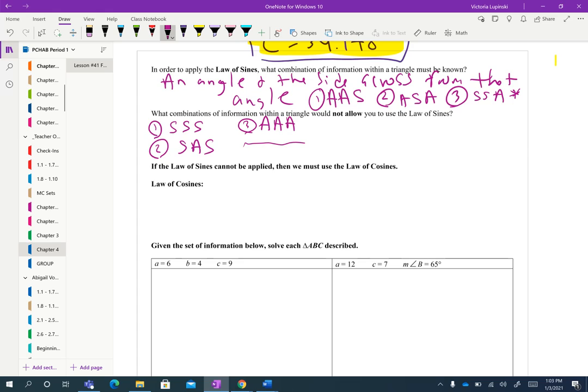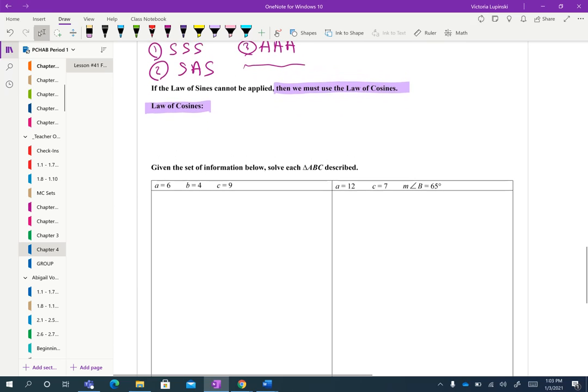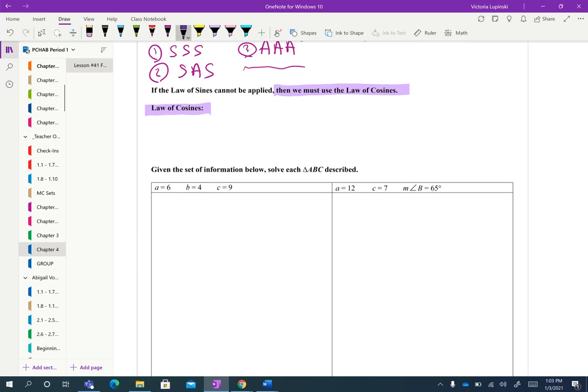But basically, if the law of sines does not work, you're going to have to use something called the law of cosines. So the law of cosines, again, takes several different forms depending on which values you're given.